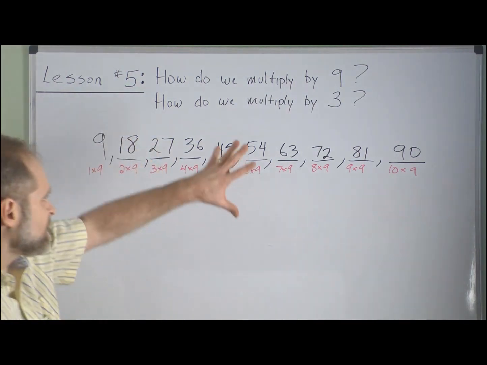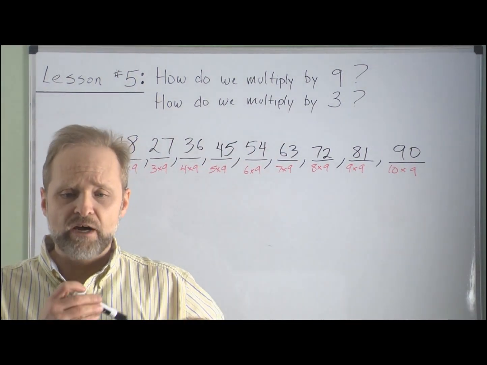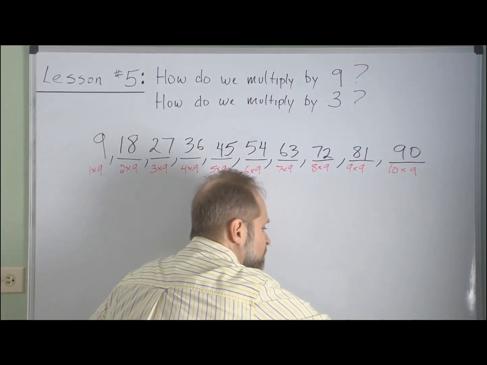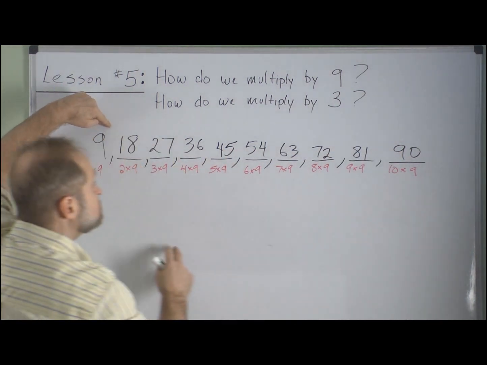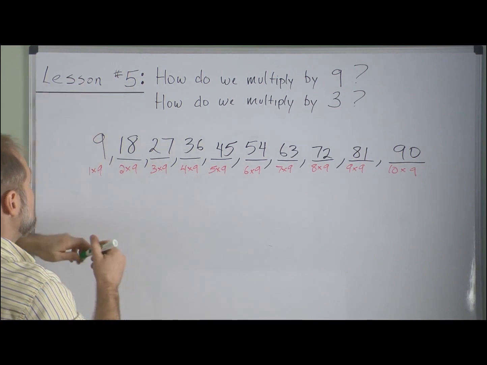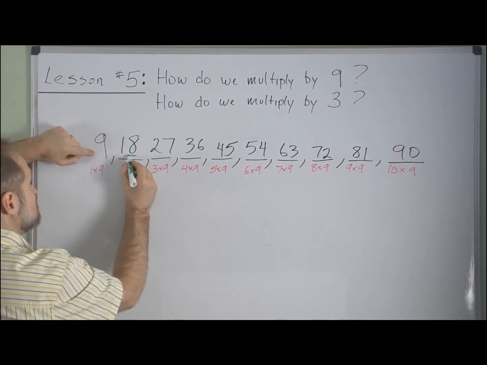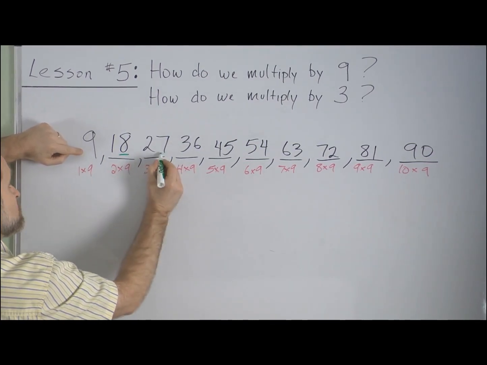Okay, let's take a look back at this and see what we can find. First of all, as we look at our numbers here, and I'm talking about these numbers here at the top, one thing that you probably realize is that in the ones place in each one of these numbers, remember this is the ones place, that would be the tens place. Here's the ones place.